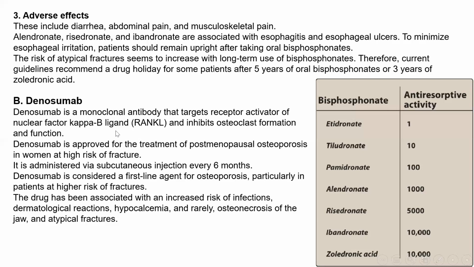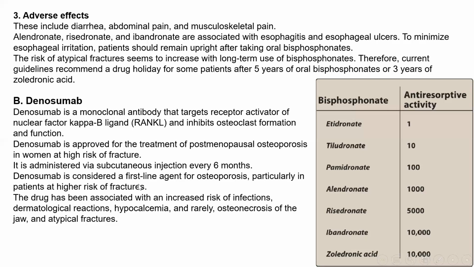This is a master transcription factor affecting the DNA transcription of proteins that are involved in the cells' activation, function, and proliferation. And it seems that denosumab is affecting this transcription factor and decreasing the osteoclast formation and function.